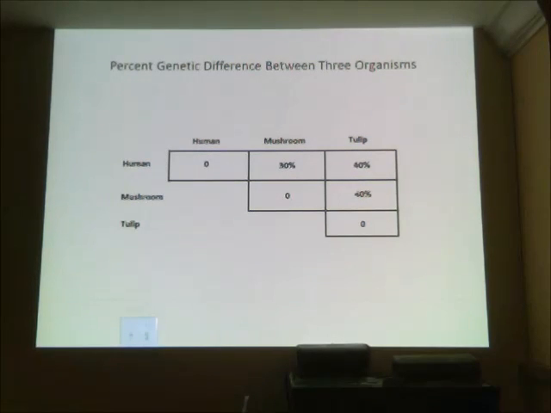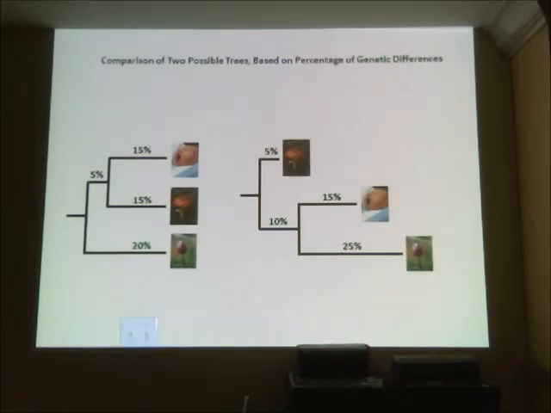What we can do is establish 2 different phylogenetic trees here. If you look at these percentages, which are different than the percentages on the other slide, they still add up correctly to the numbers that I want to show you. If I want to look at the difference between a human and a tulip, I start here, and I have to go here.